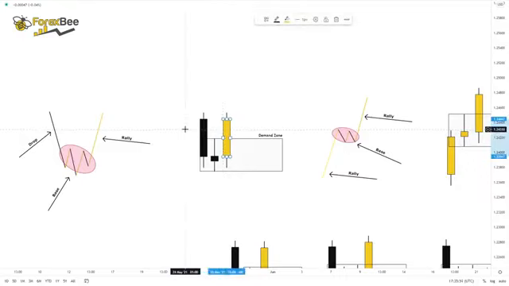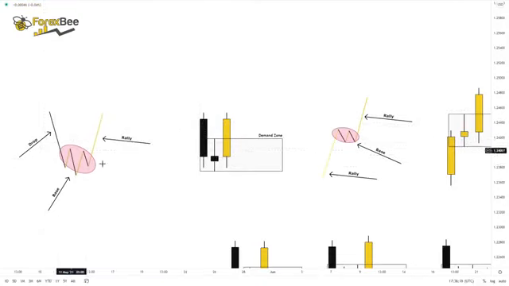The sellers were in control, but there was more demand than supply, and the buyers took control of the market and started moving the price upward. So these are two big candles with one base candle. This is a demand zone, and it is drop, base, rally: the price dropped here, then there's the base region, and then the rally region where the price moved upward.